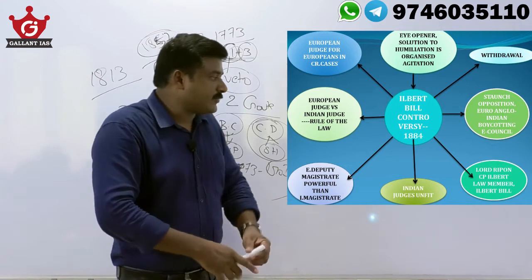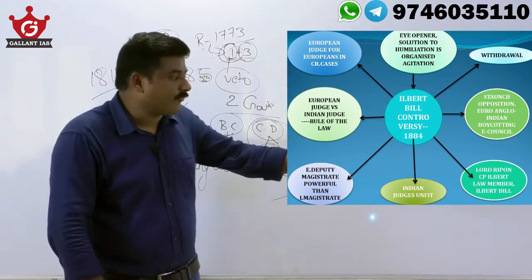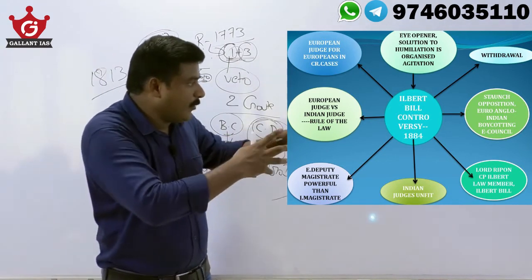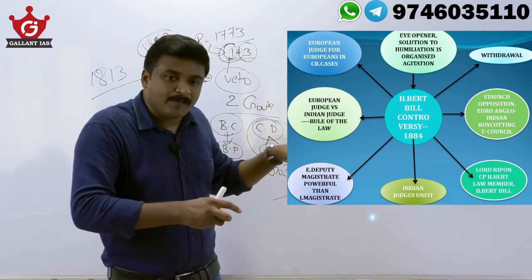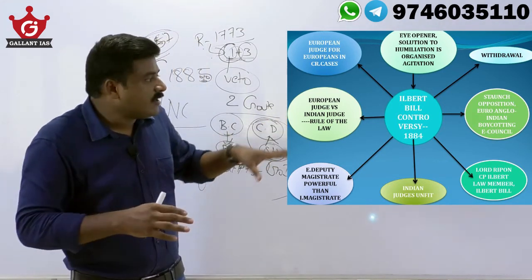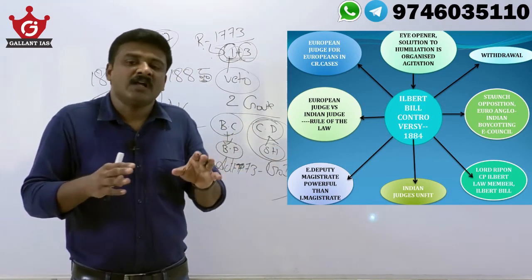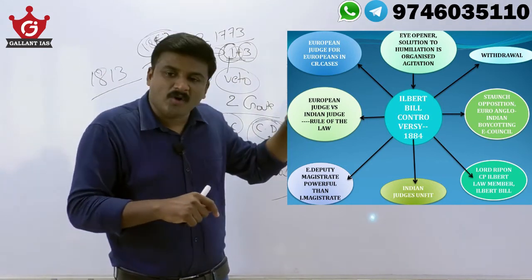To end this discrimination, this bill was put forth by the then Viceroy of India, Ripon, with the law member in the council, C.P. Ilbert, who drafted this bill. Ripon introduced it in the council. But all these Anglo-Indians and Britishers boycotted the council and rejected this bill due to strong opposition.